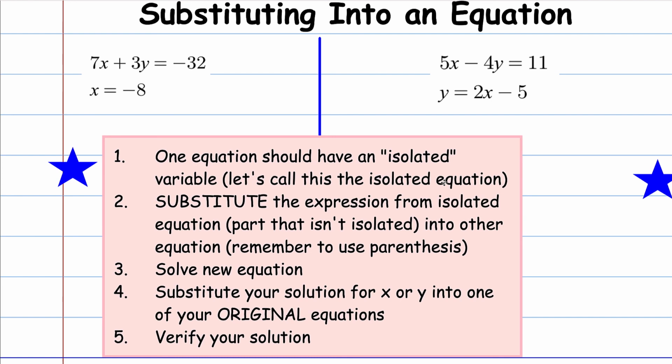Then we solved our new equation. Later on, steps 4 and 5 are what we're going to be doing as we learn how to solve the whole entire system. But for right now, we just want to do substitution and solve the new, revised equation that we're creating.